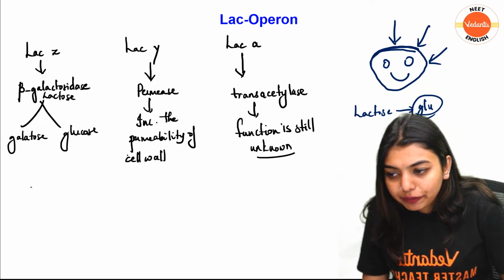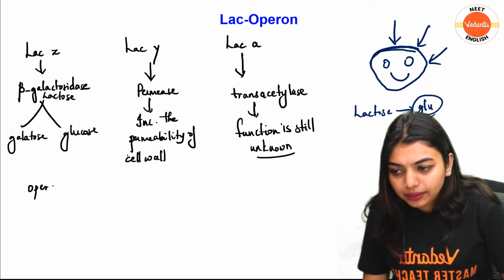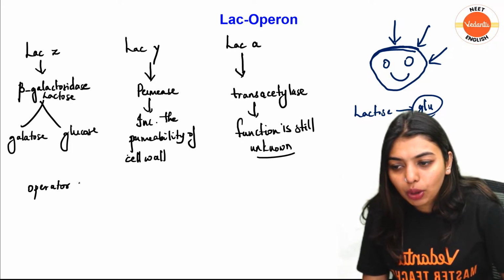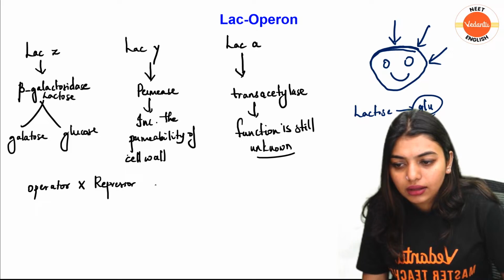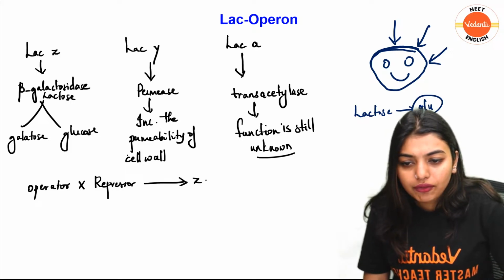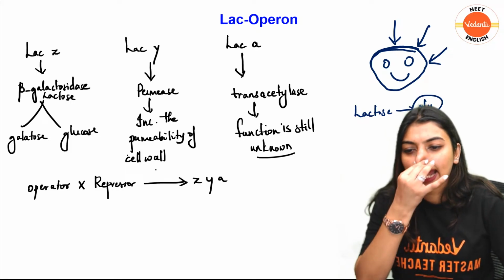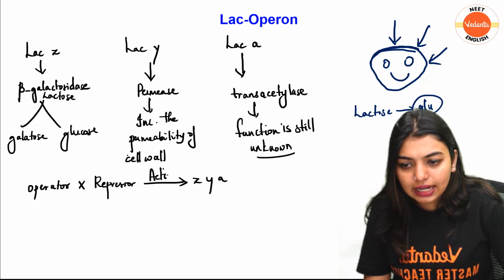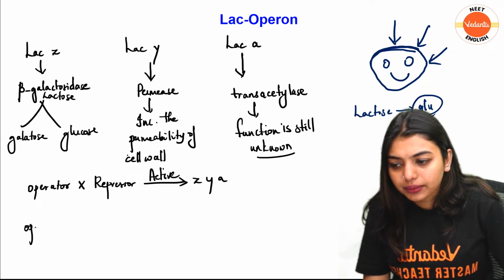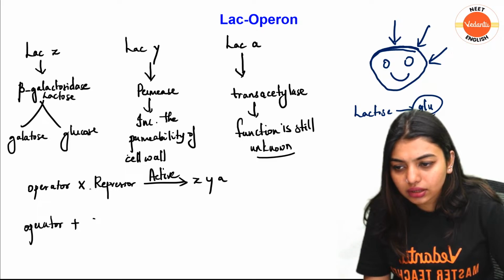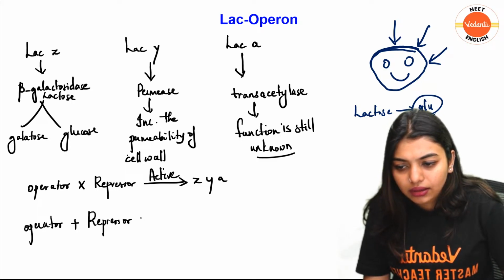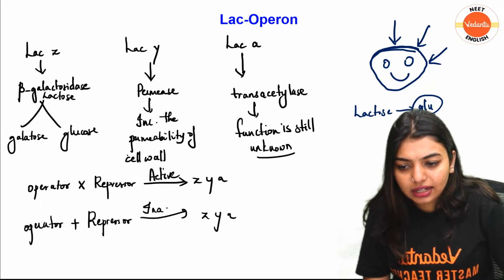So only if the operator gene is free, only if the operator is not bound with the repressor, then lac Z, Y and A will get active. If the operator is bound with the repressor, then these genes will not be doing any job, will be inactive.